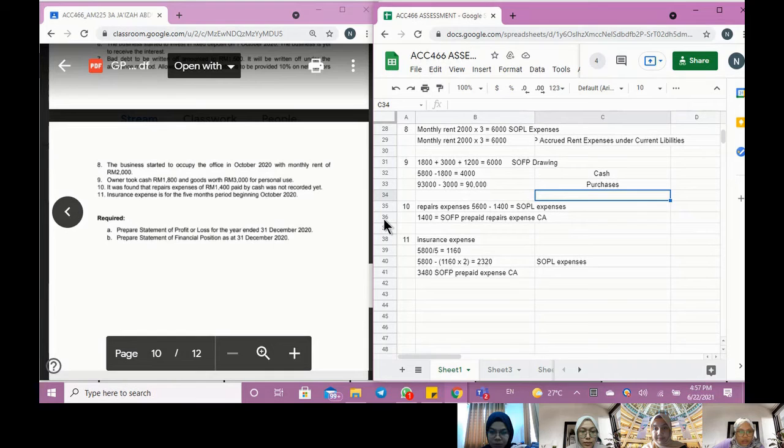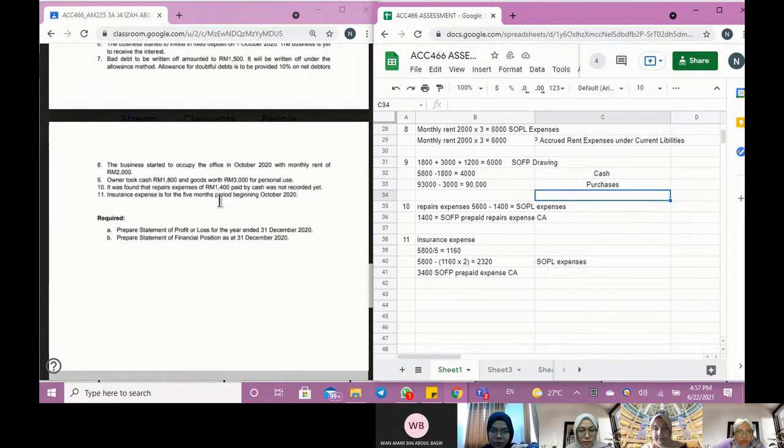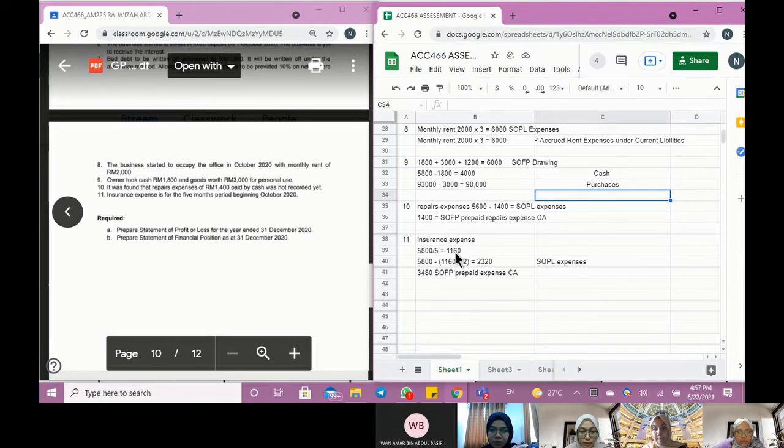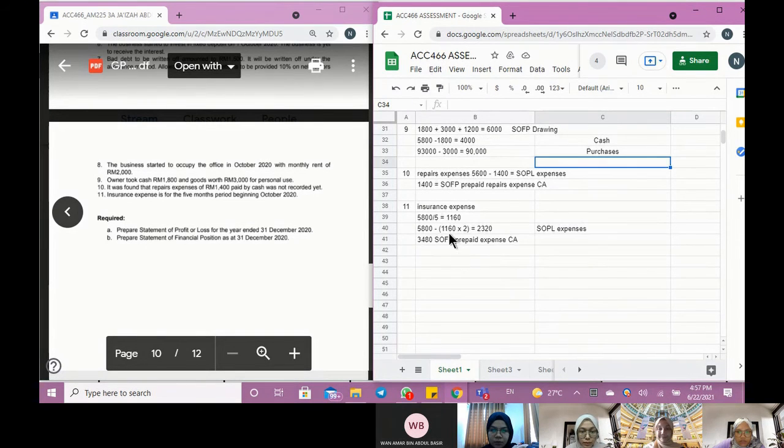Okay, and then the next question, insurance expense is for the 5 months period beginning October 2020. Based on the value given in the table, which is 5,800, that value is for 5 months. So we need to divide it by 5 to find the expense for 1 month, which is 1,160.